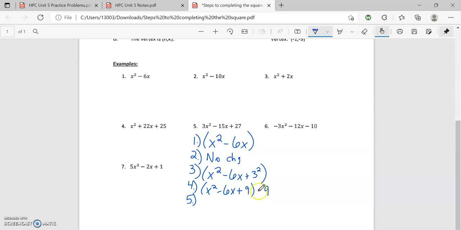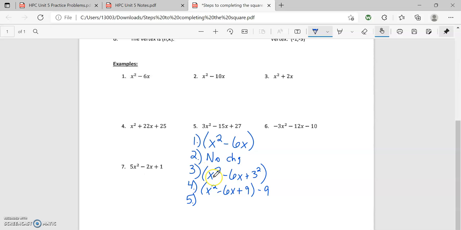So we can't just simply add 9 inside the parentheses. We can't just subtract 9. But by adding 9 inside, we are not going to get the same graph unless we negate that 9 somewhere else.